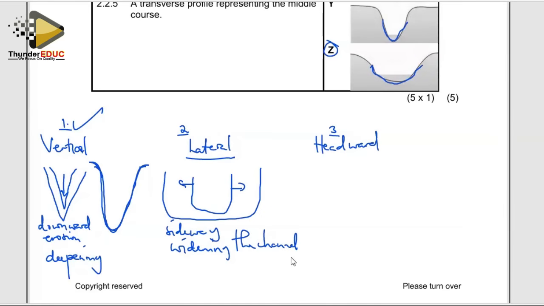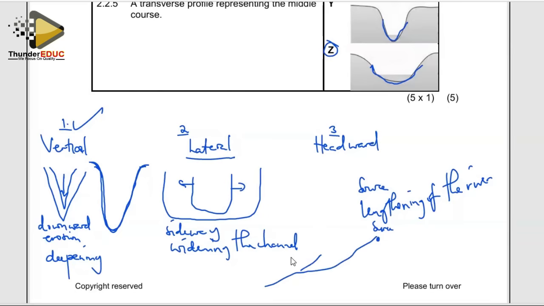And what we call headward is the type of erosion that happens at the river source. It migrates the source and is responsible for lengthening of the river. The river becomes longer and longer because of headward erosion. Why? Because the source migrates. If a river source is here, the source is going to supply water and the river is going to flow like that, starting from this point.